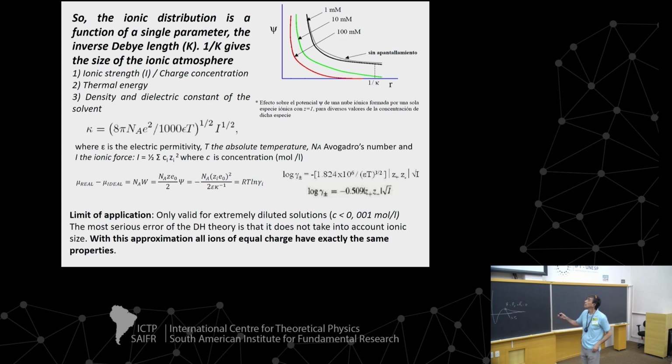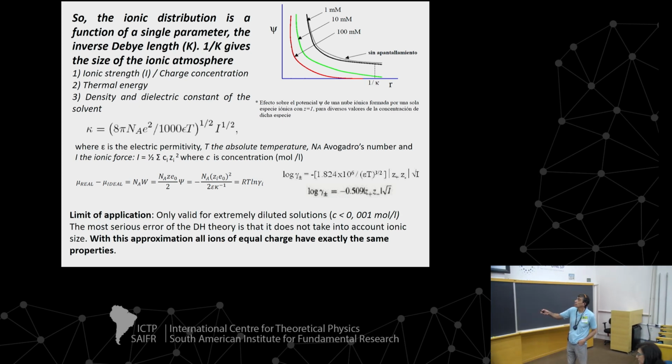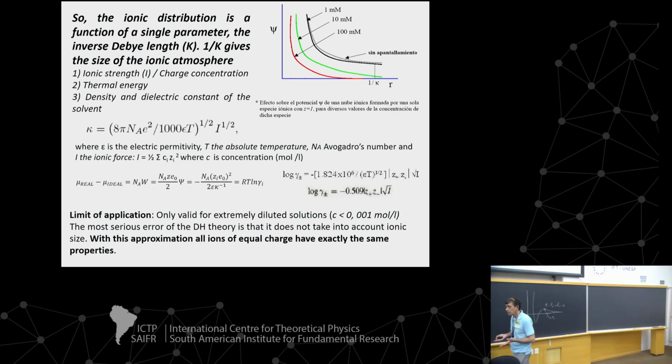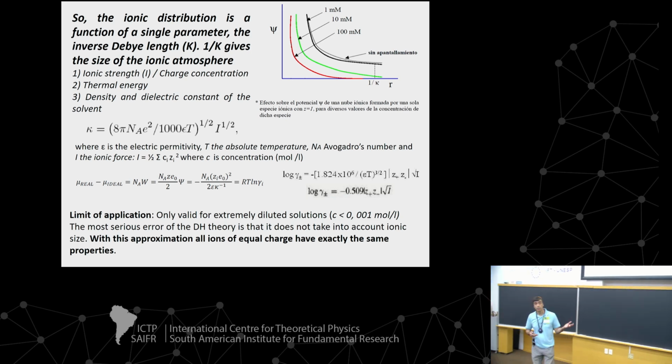So if you have a high concentration of ions, this is going to be high, kappa is going to be low, and so this is going to fall as it happens here. So the size of the ionic atmosphere depends on the ionic strength, on the number of charges you have in your system.